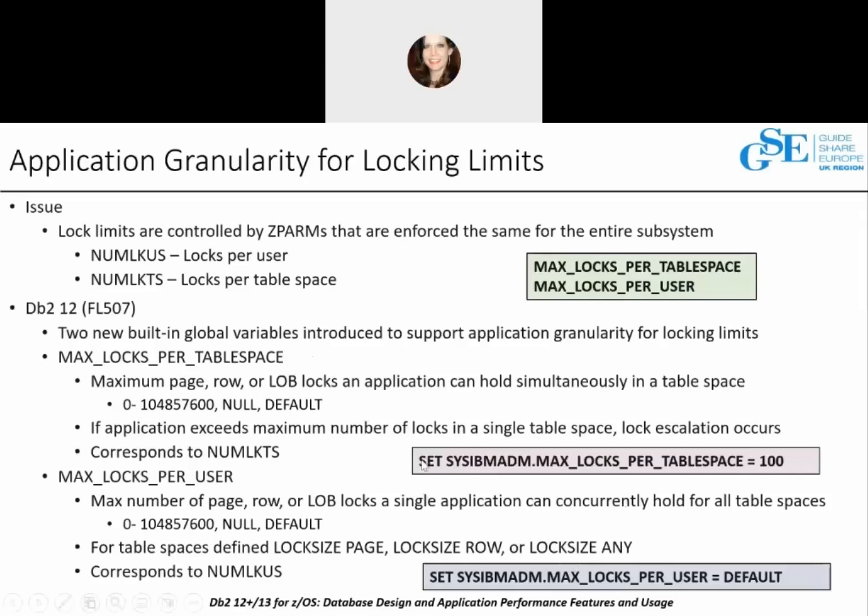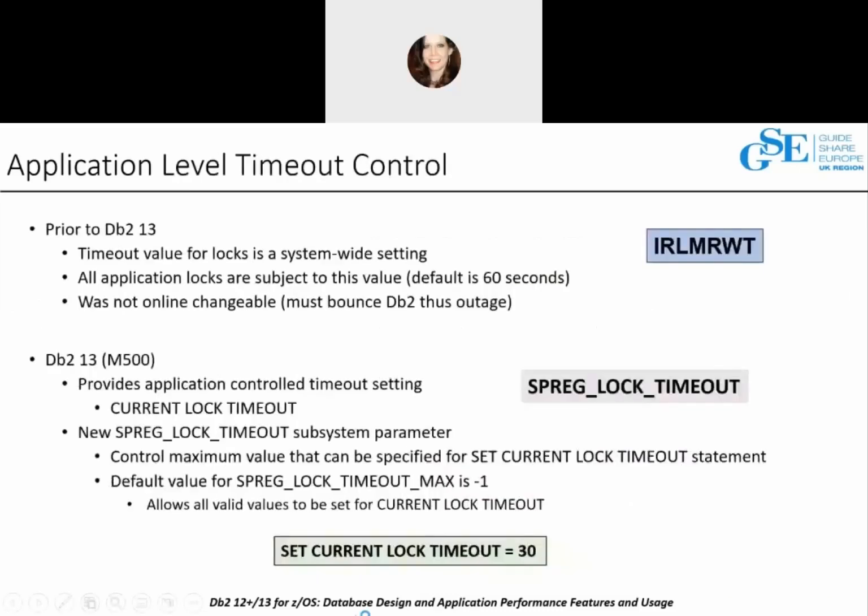You can use the SET statement to set this global variable equal to what you'd like it to be. In this case, we're saying set the locks per table space to 100. So that is now basically your personal value for NUMLKTS for that application. That can be done now through global variables.